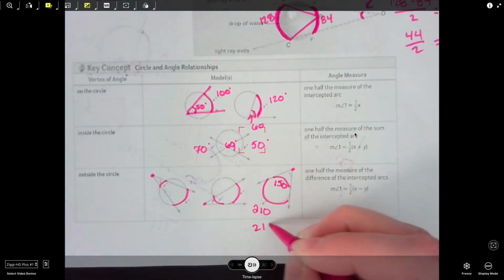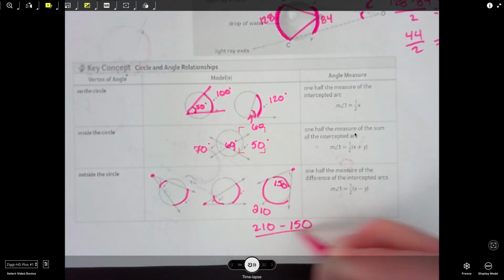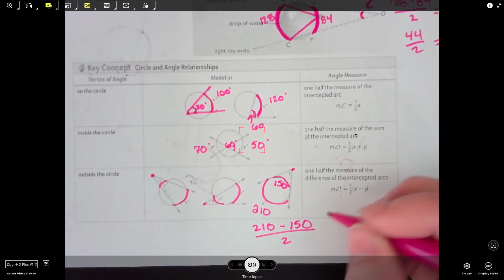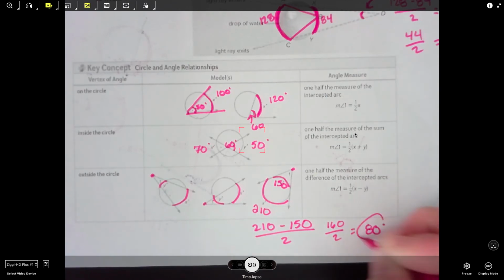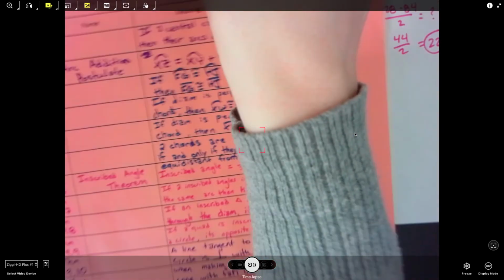You would do 210 minus 150, which is 60, divided by 2 is 30. Wait, let me restate: 210 minus 150 divided by 2. 80 degrees is the measure of that angle. Okay, so there you go. Adding together, divide by 2. Subtracting, divide by 2. This one you're just dividing by 2. So we're taking half. All right.